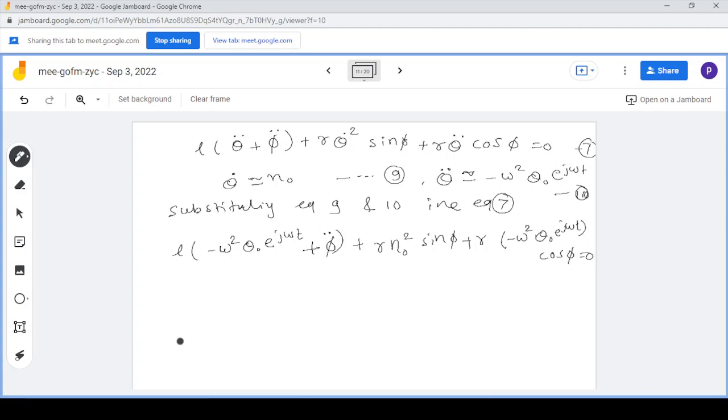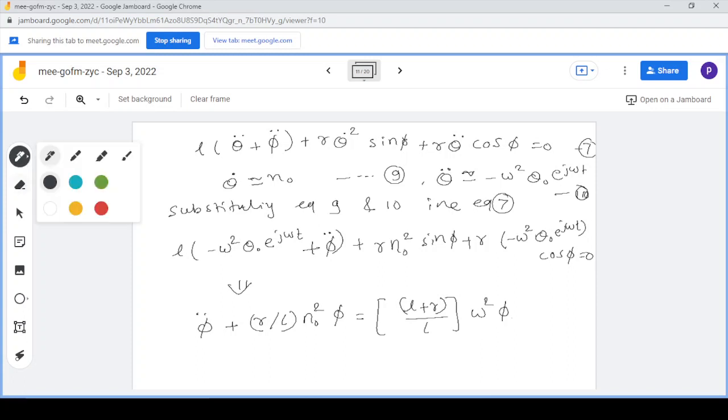This expression is obtained now as phi double dot plus r by L into n0 square phi equals L plus r by L into omega square theta 0 bar e raised to j omega t.